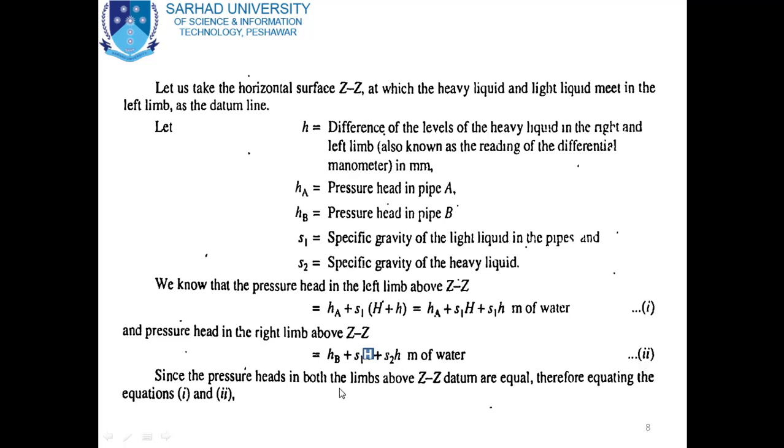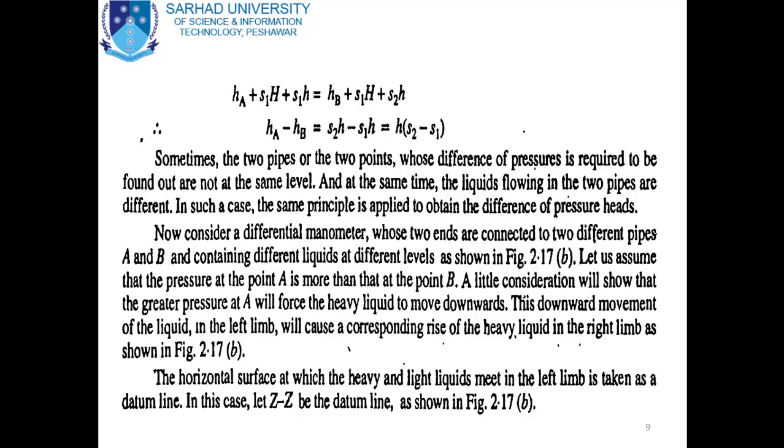Since the pressure heads in both the limbs above ZZ, meaning the datum, are equal, as we already studied, therefore equating equations 1 and 2, we get HA plus S1 capital H plus S1 small h is equal to HB plus S1 capital H plus S2 small h.